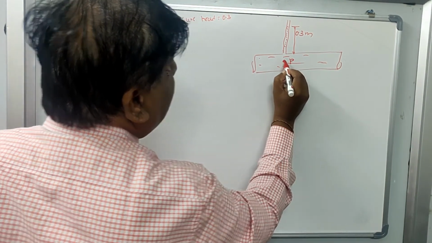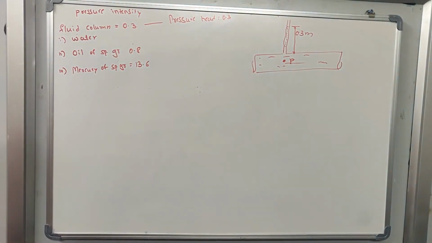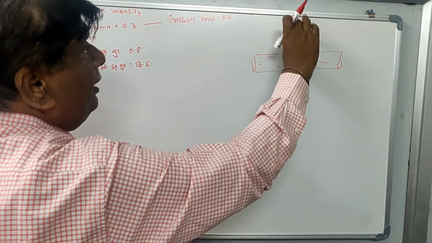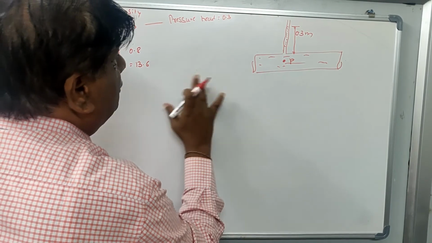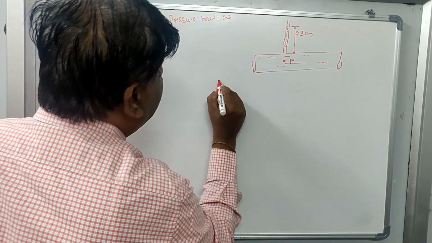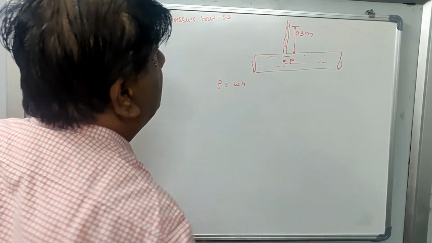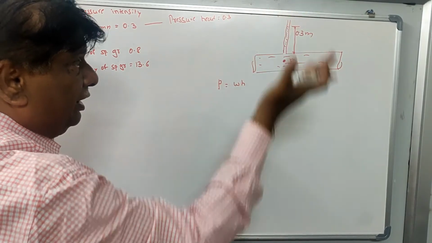Consider a point, at that point the pressure intensity is P. So now you have to calculate the pressure P at this point for a column height of 0.3. Okay, so now P is equal to what? W into H. H is the vertical distance.